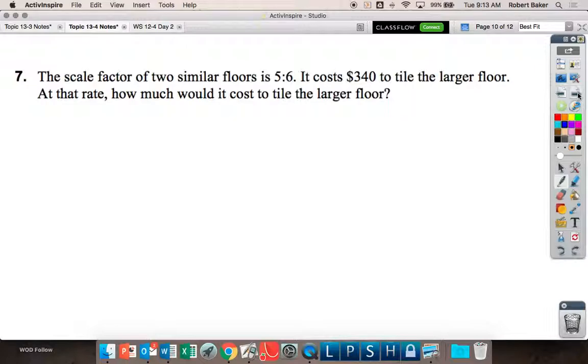What's your scale factor? Huh? You do it squared? Is 340 an area? It's a cost.